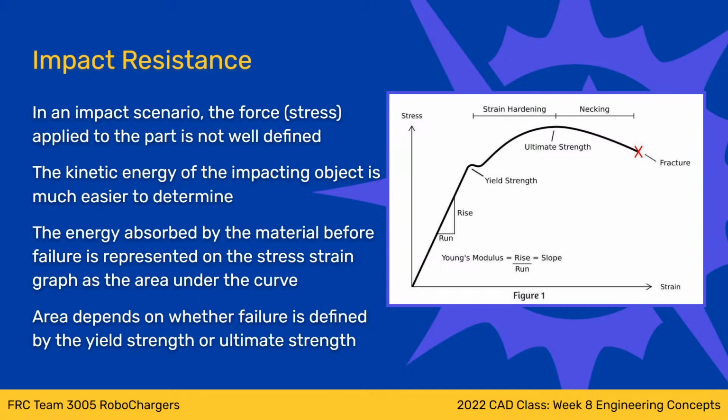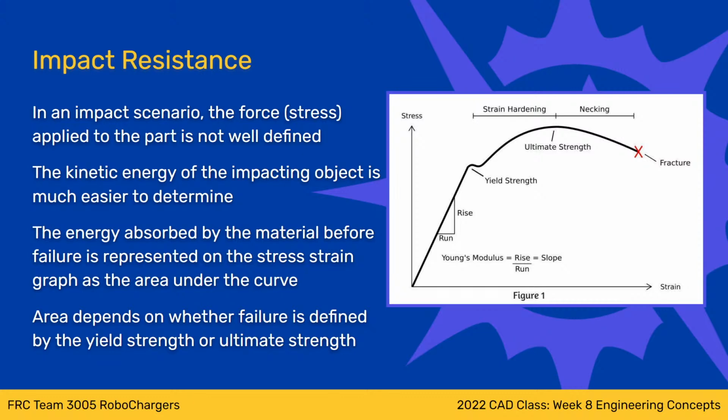So generally speaking, if you want to determine a force from an impact, you have to know what the deceleration rate is, which you don't always know. You don't always have a way of determining that.